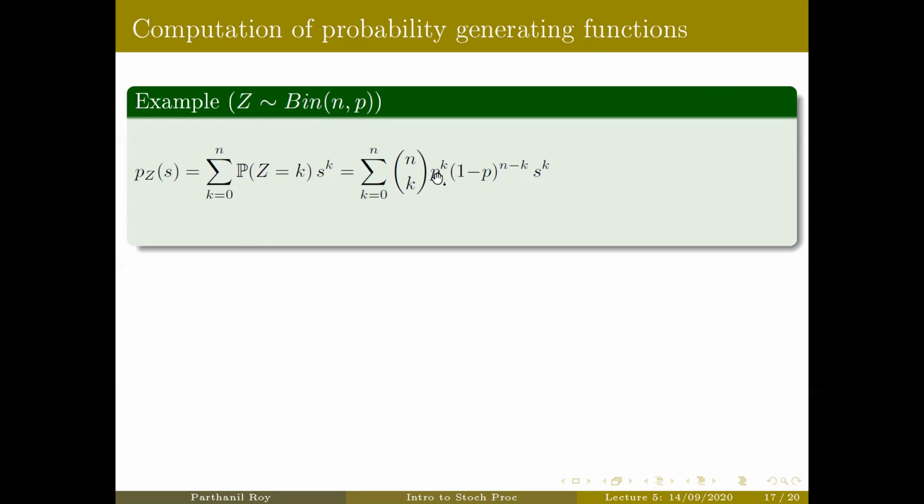Then you combine this p with s so that it becomes ps power k, and it's just a binomial sum. If you evaluate that binomial sum, you get this expression here, ps plus 1 minus p, whole power n. The expansion of this as a binomial sum is just this thing.